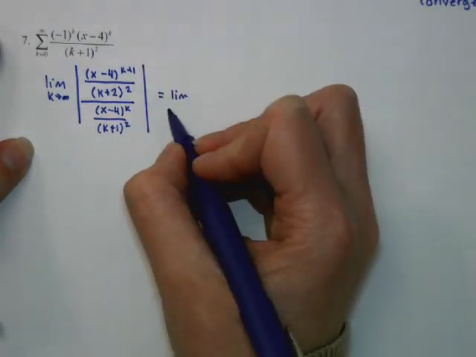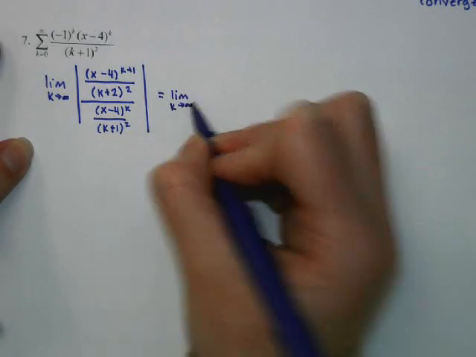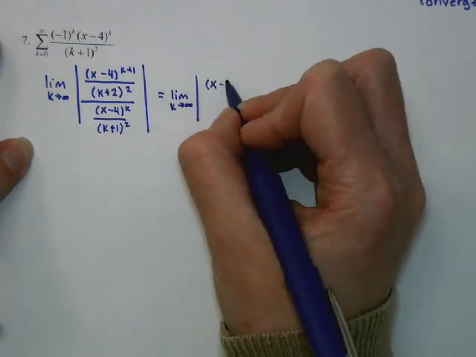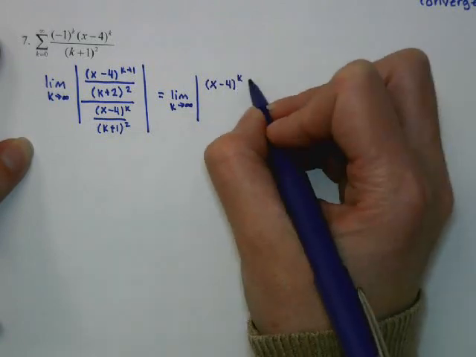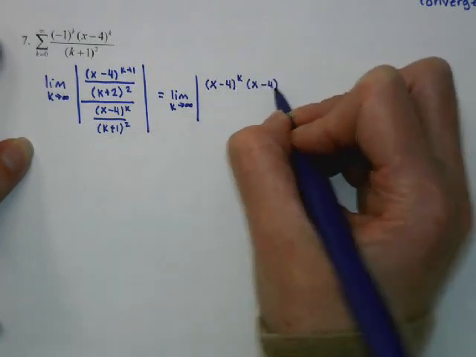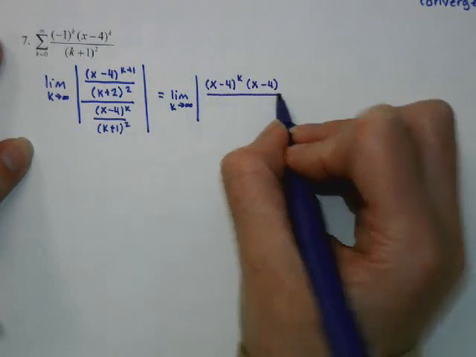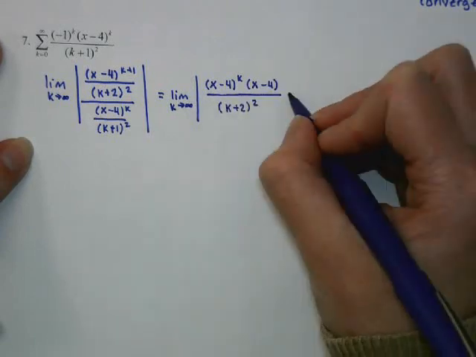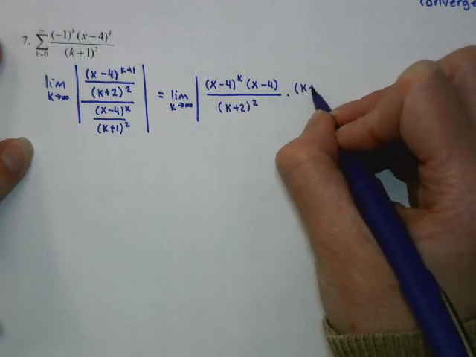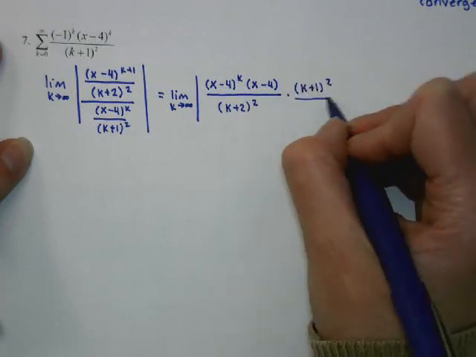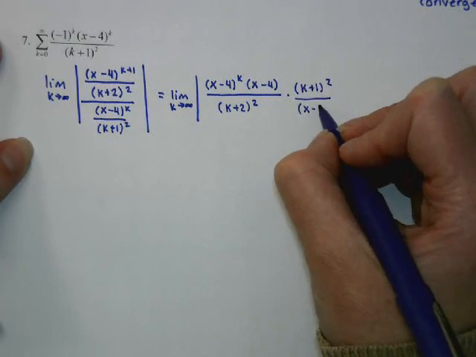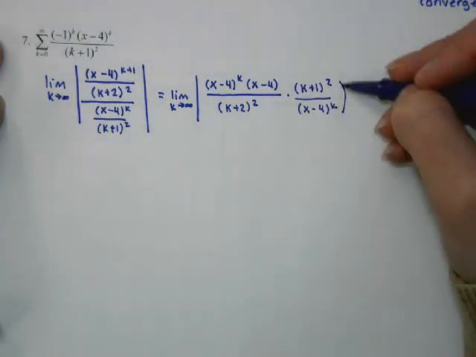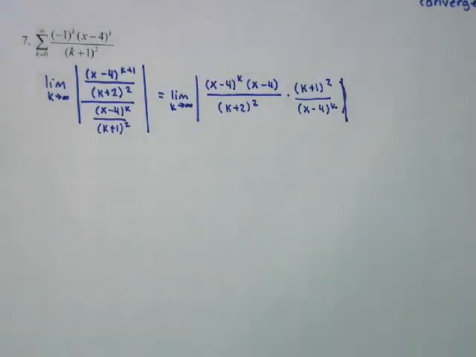All right, let's go through our algebra. We're going to have |(x−4)^k times (x−4) over (k+2)^2 times (k+1)^2 over (x−4)^k|, absolute value.